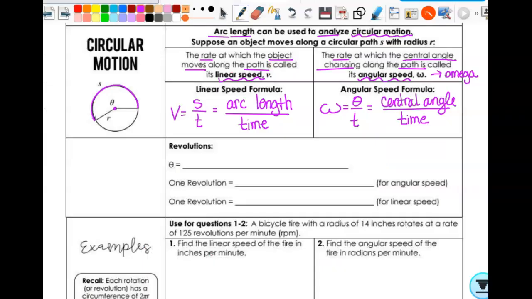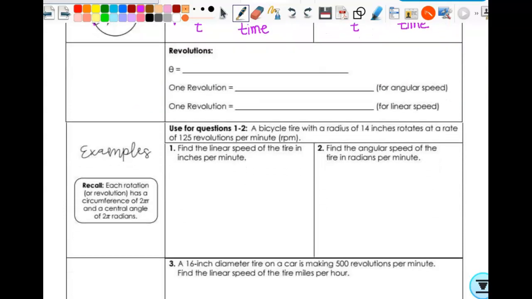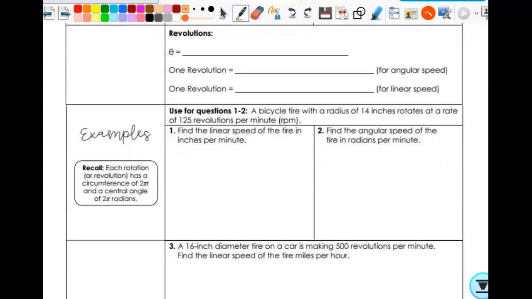All right, so let's look at what we need to know. We have to be able to come up with a theta and know how that's related to our revolutions. One revolution is one time around. That's what I just did with those points. They made one revolution. So once you get theta, theta is the number of revolutions times 2 pi, because each revolution is 2 pi radians.